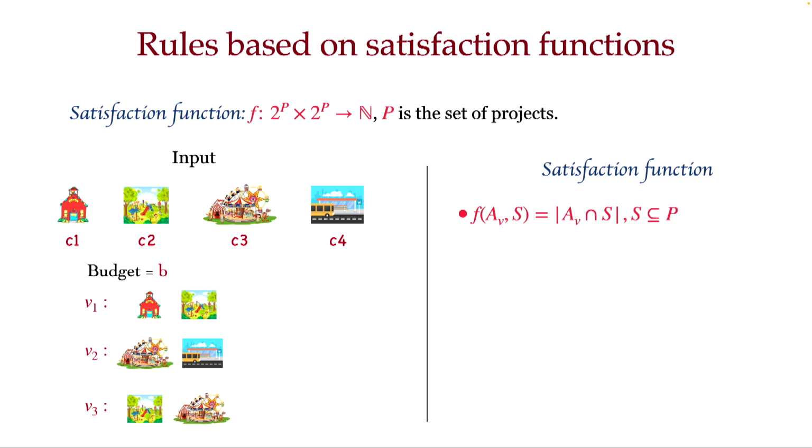Basically, we are trying to see that, let us say I fund the projects in S, S is a subset of P, then what will be the utility, or the satisfaction, of voter V?